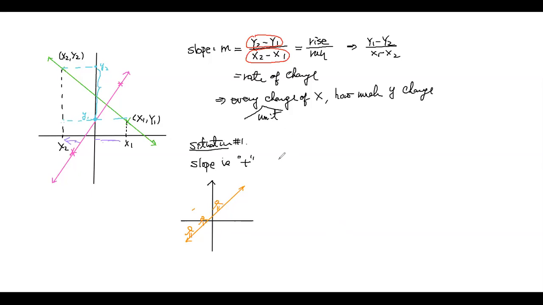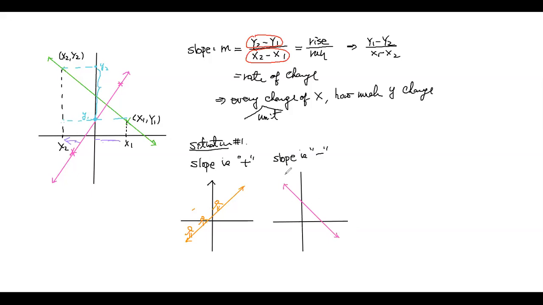Now if the slope is negative, that means your line goes downward.